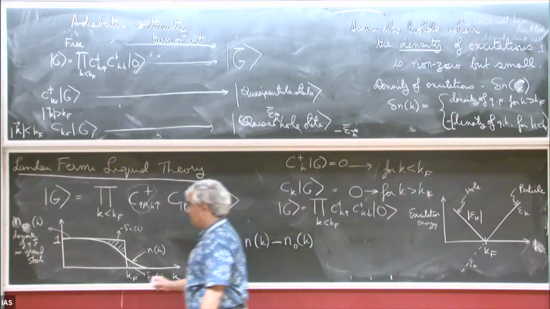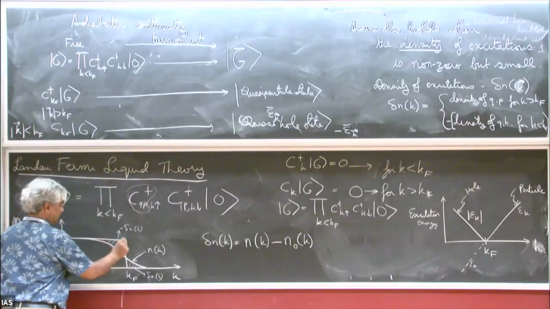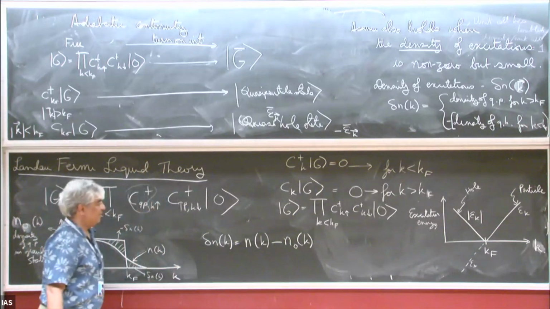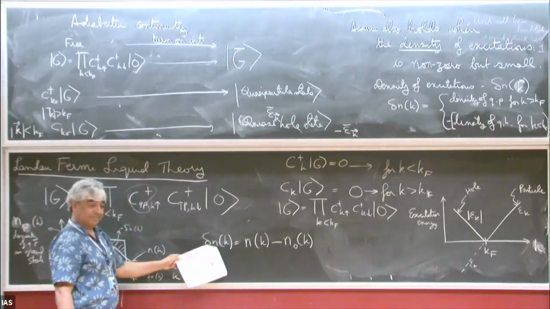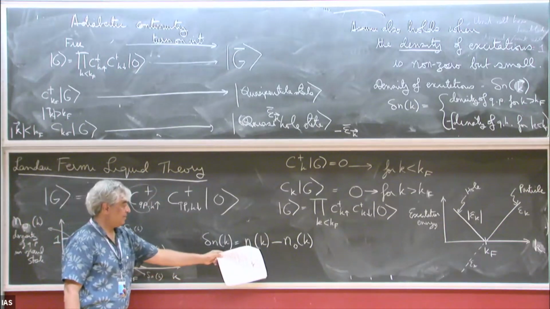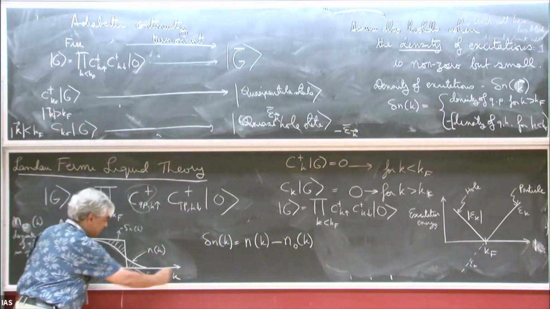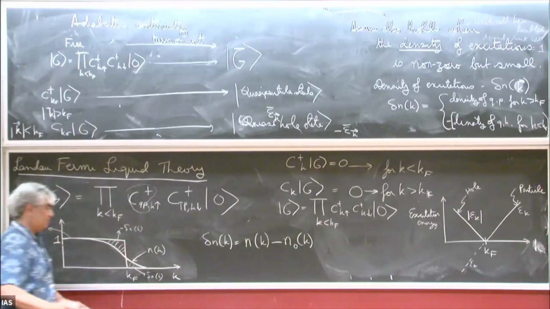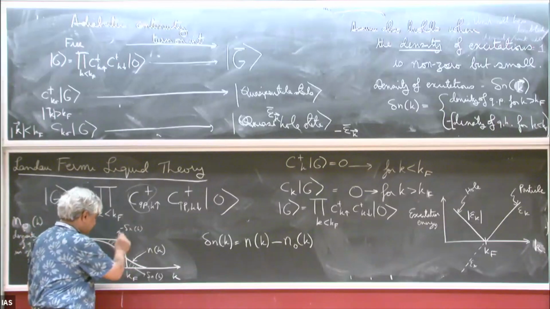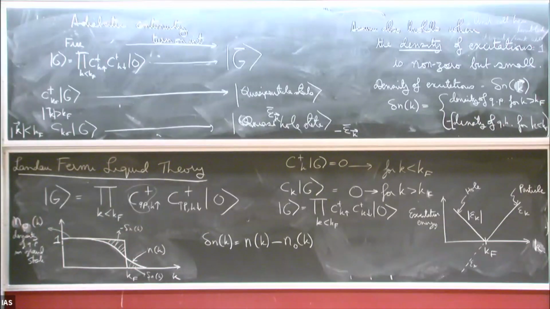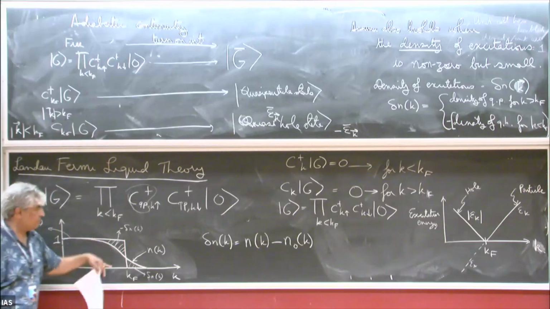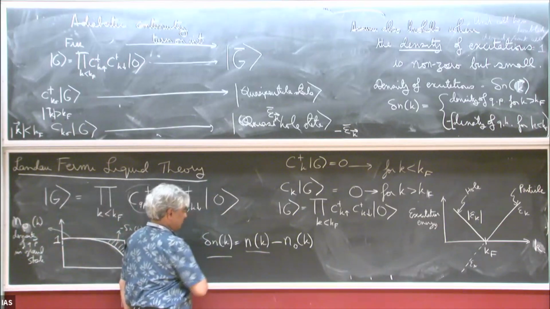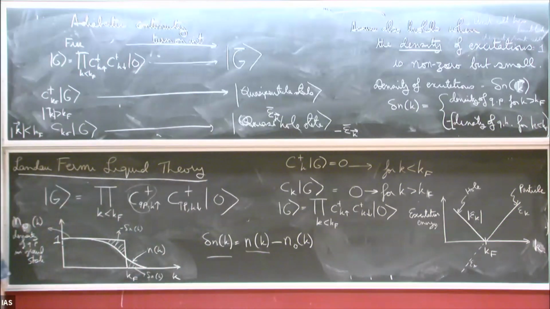So my only purpose in introducing this N0 of k was just a reference, which I can subtract. And then I can work with n of k rather than delta n of k. n of k is a smooth function that goes through the Fermi level. So that's really the only reason I say that the quasi-particle distribution function goes from 1 to 0: to allow me to work with a smooth function rather than this horrible looking function delta n of k.